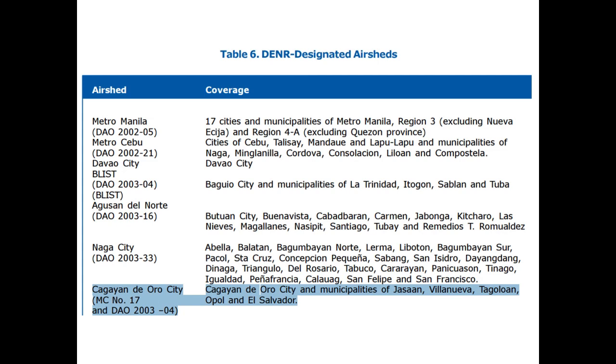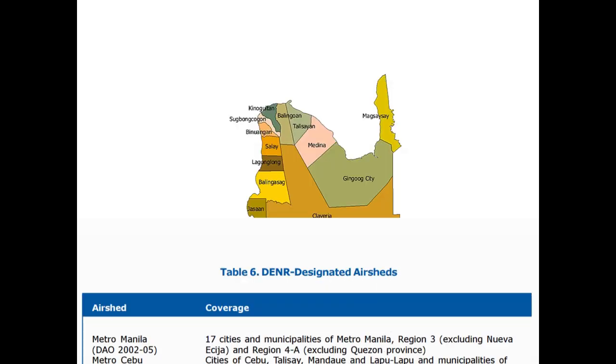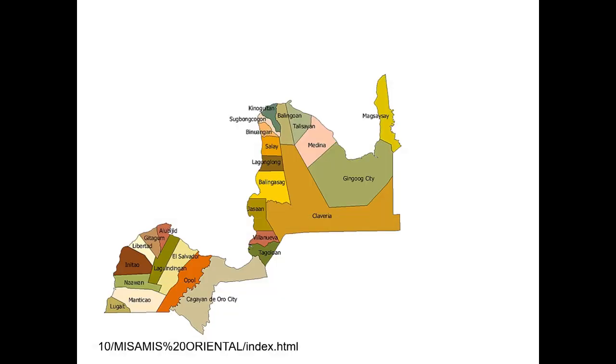So this is one complete airshed. So this is here from El Salvador, Opol. We have El Salvador, Opol, Cagayan de Oro, Tagoloan, Villanueva, and Jasaan. So this is one complete airshed.